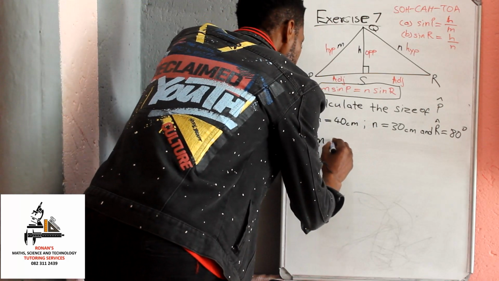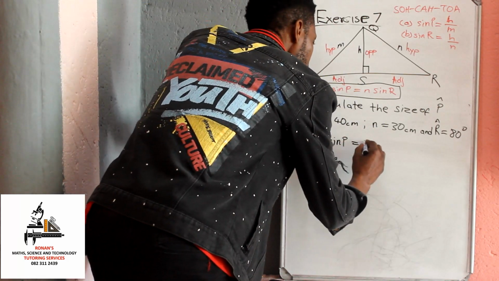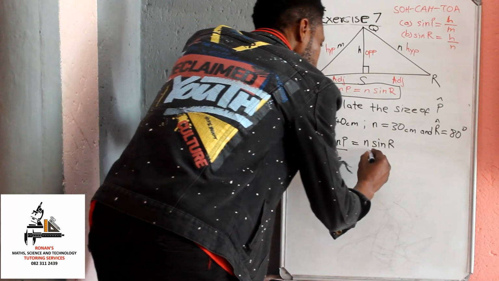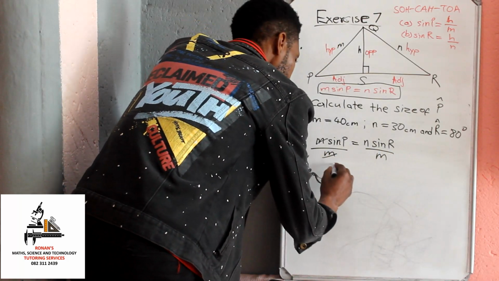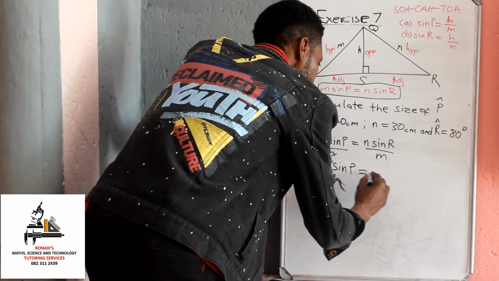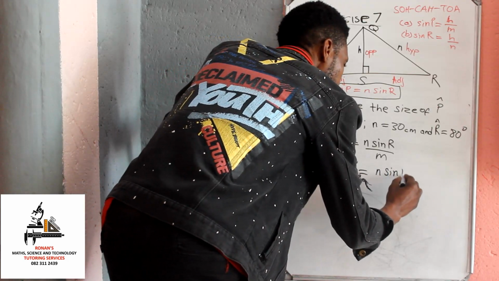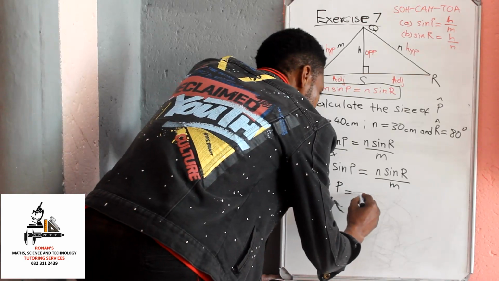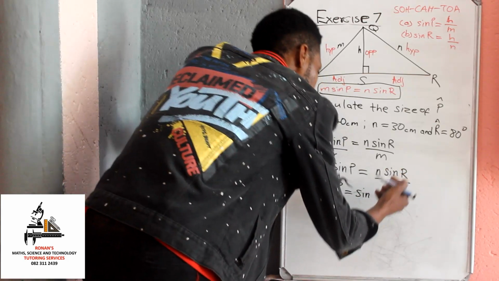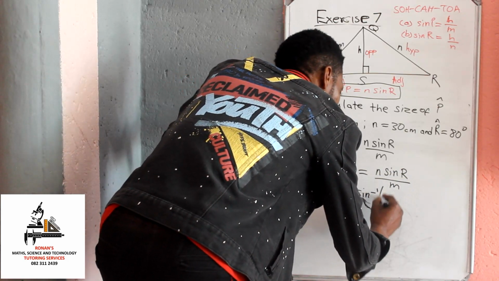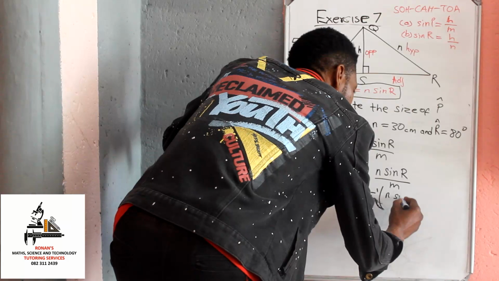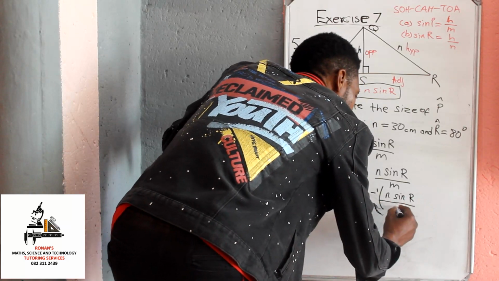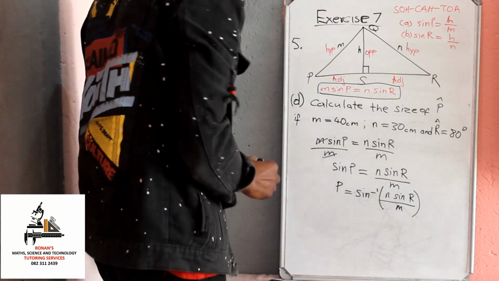So M sin P is equal to N sin R, divide both sides by M, therefore sin P is equal to N sin R over M, and then P will be equal to arc sine of N sin R over M. Beautiful.